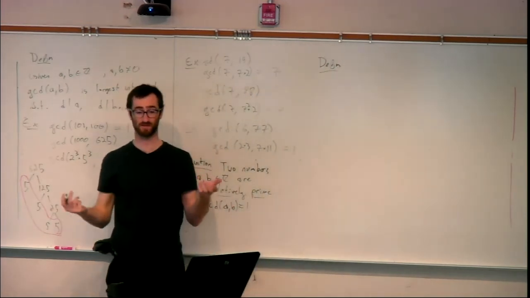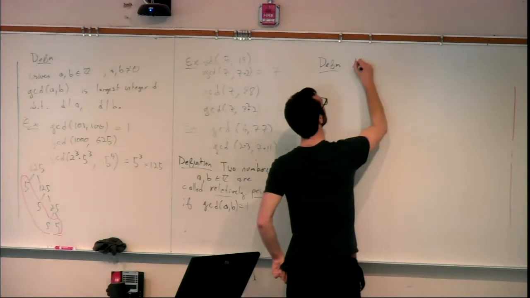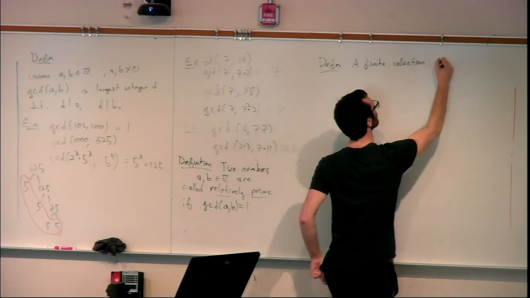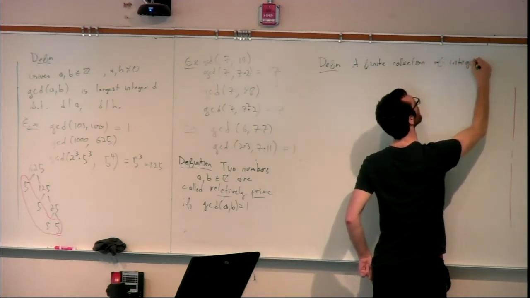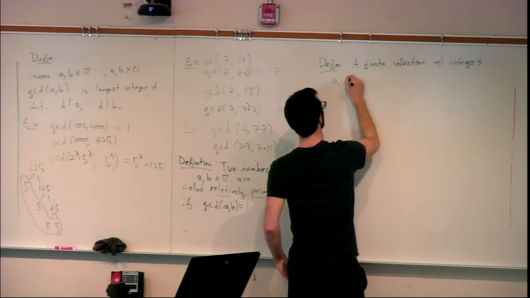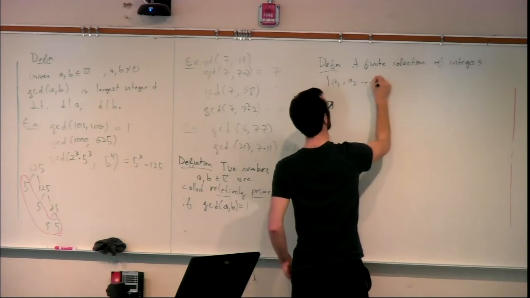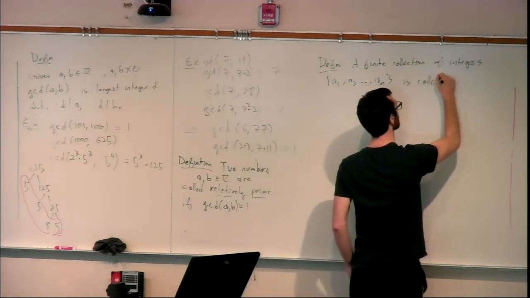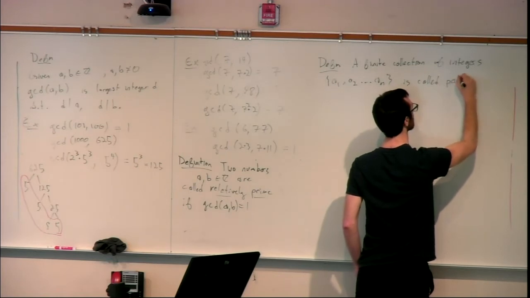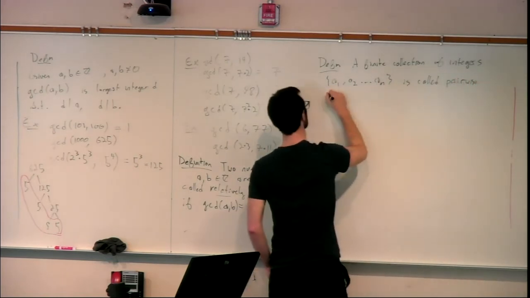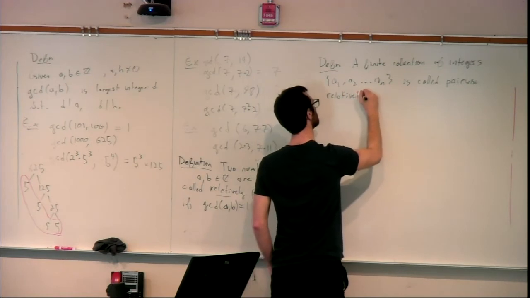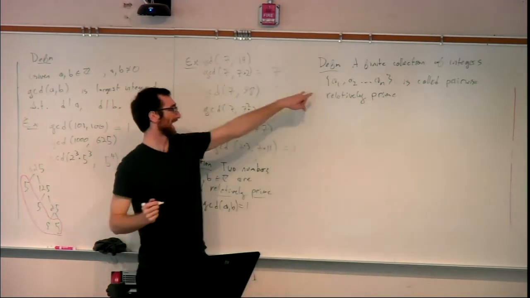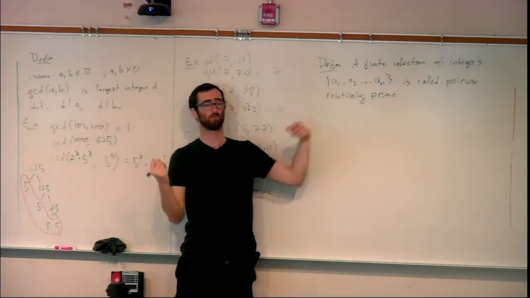A finite collection of integers, say A1, A2, all the way up to AN, is called pairwise relatively prime if I take any pair of them and I examine their GCD and I get 1.